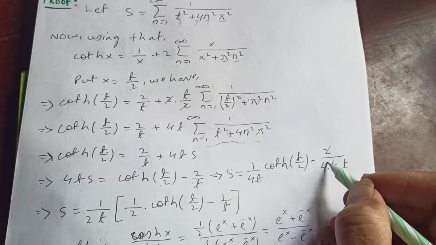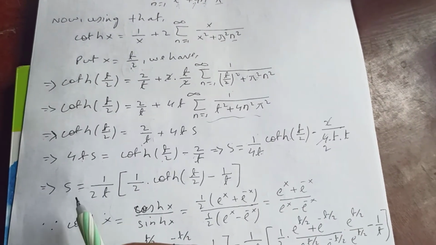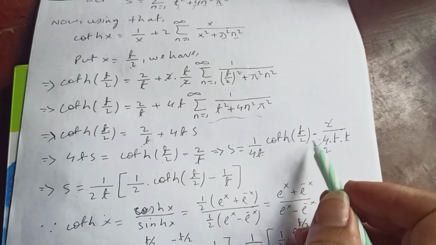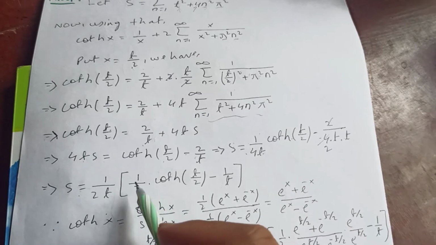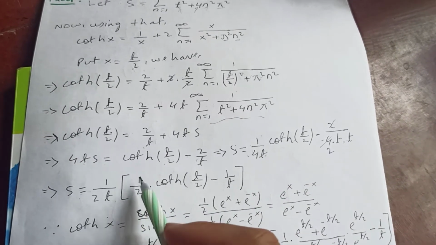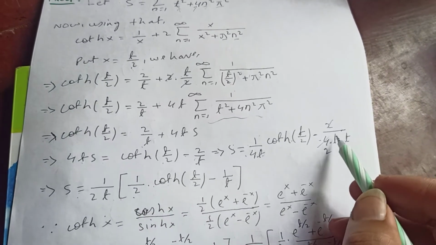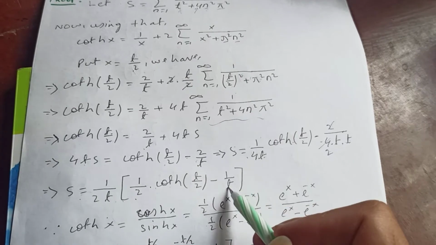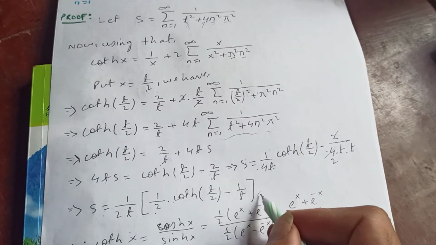Now these two can get cancelled out here, right? Now you get S is equal to, if you see these two in the denominator there's 2t common, so 1 upon 2t. Now if you take out 1 upon 2t, then you get 1 upon 2 coth of t upon 2 minus, if you take out 2t here, you will get 1 over t, right? Now this is our summation S.